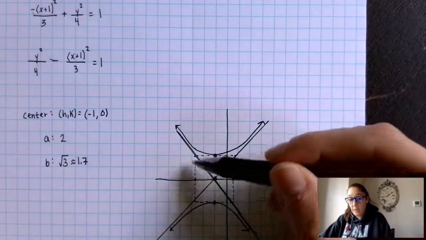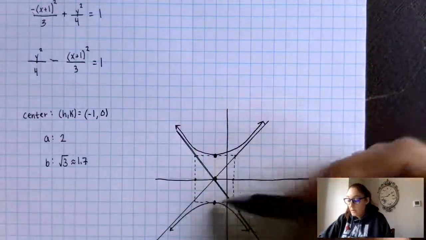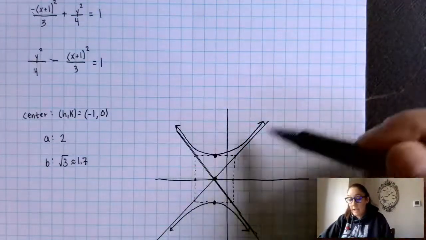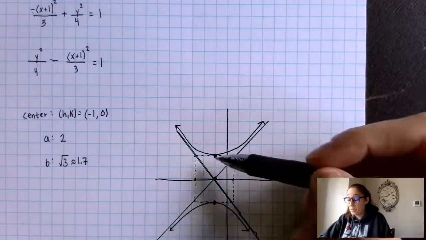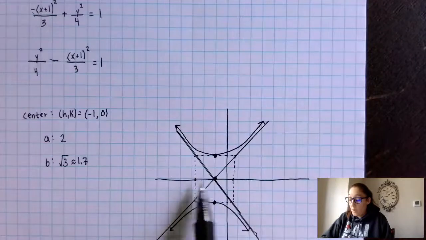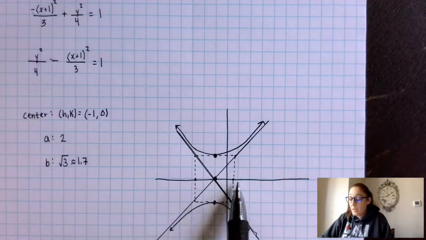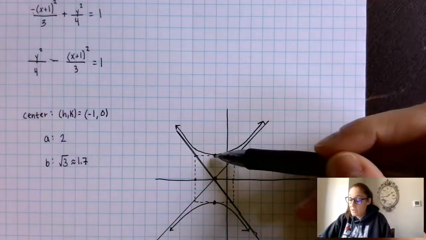So it is very possible for you to do all of this right, even make the rectangle and the asymptotes correctly, but then you end up drawing the branch along the wrong set of points. You might think these are the vertices for this example when actually these are the vertices.